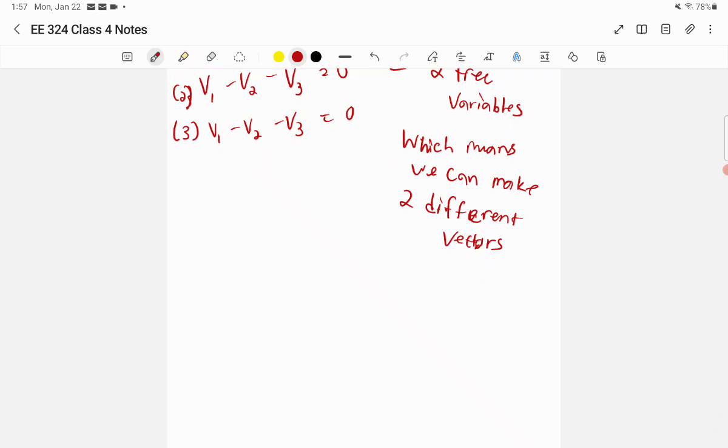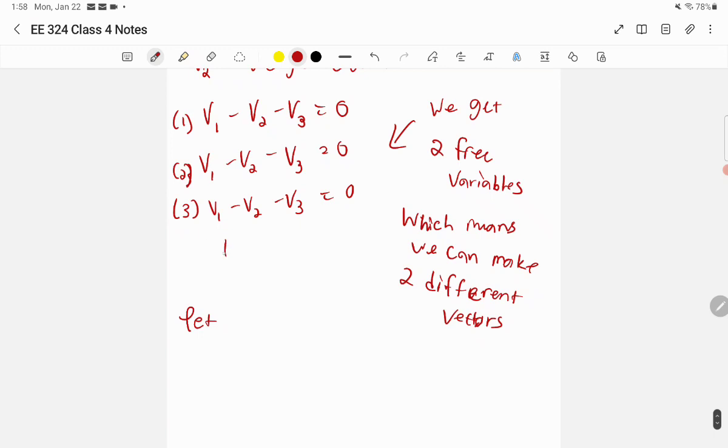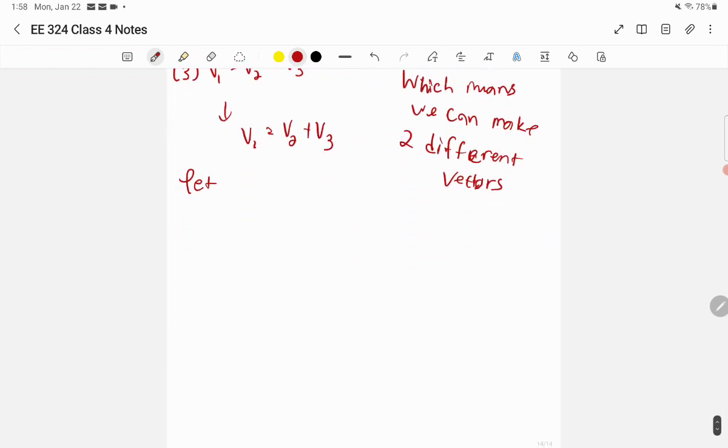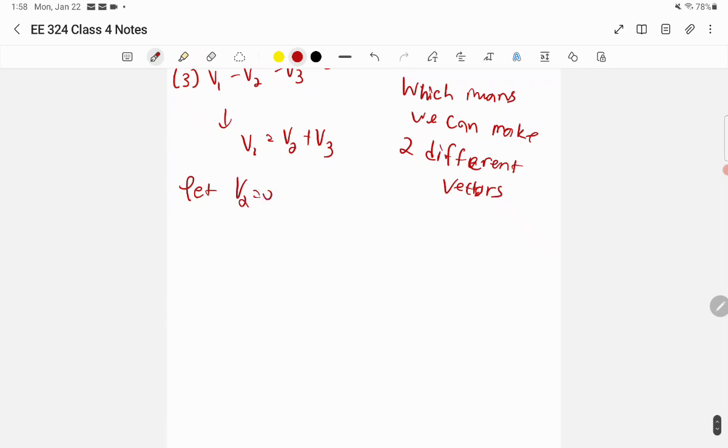And so, by the way, this equation says v1 is equal to v2 plus v3. So if we let v2 equal to 0, v3 equal to 1, then the first vector, so we'll call that v2, is equal to 1, 0, 1, right? Because 0 plus 1 is 1, so that gives me my v1.